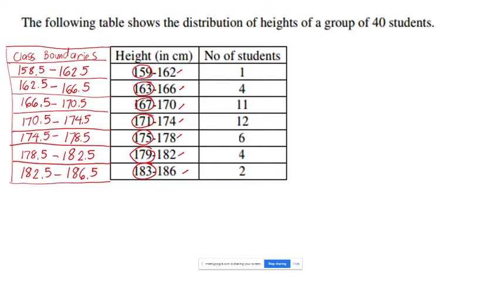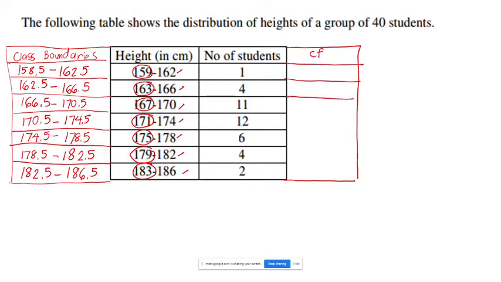Now, another column after the frequencies. I'm going to add another column here for our CF. Where should I start, Section Galileo, at 2 or at 1? In the CF, where should you start? At 1. Okay. What are you going to write after 1? 5.